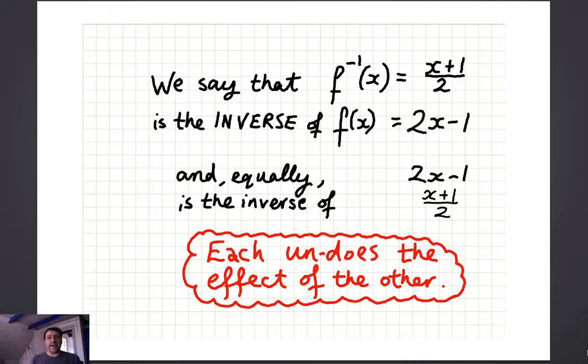So just to recap on that idea, we say that f minus 1 of x equals x plus 1 over 2 is the inverse of f of x equals 2x minus 1, and that works the other way around as well. 2x minus 1 is the inverse of x plus 1 over 2. Each of those functions undoes the effect of the other one.